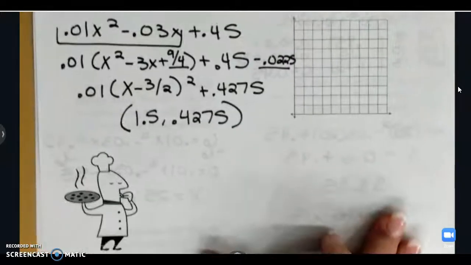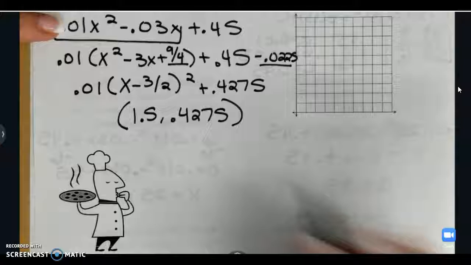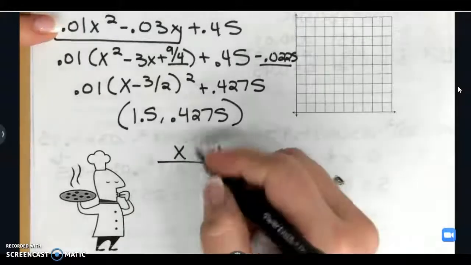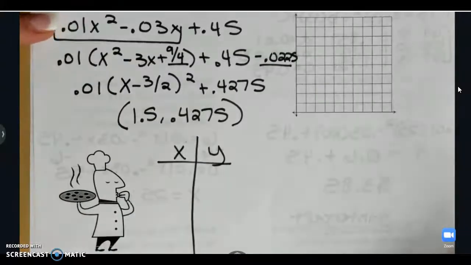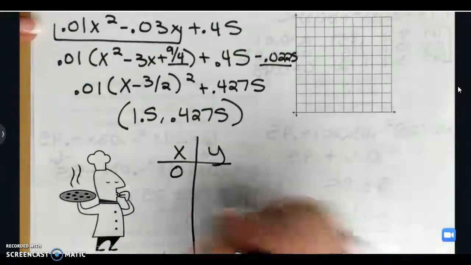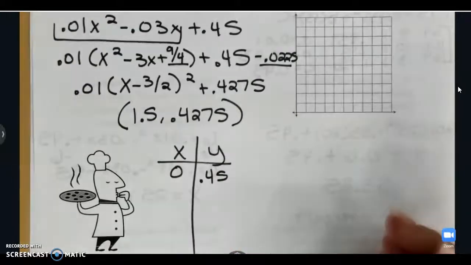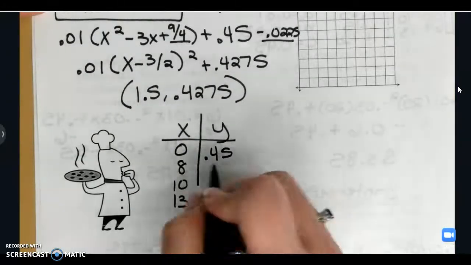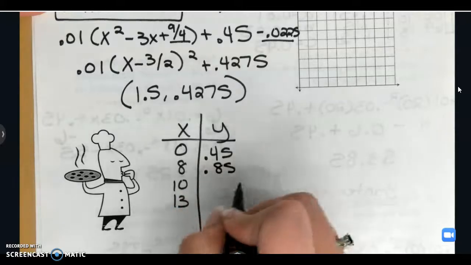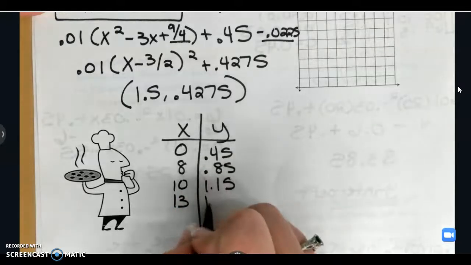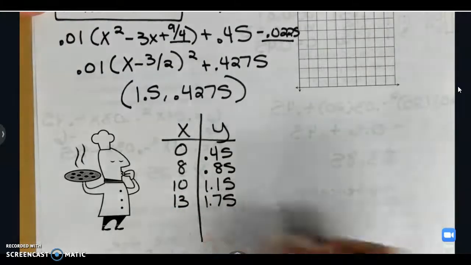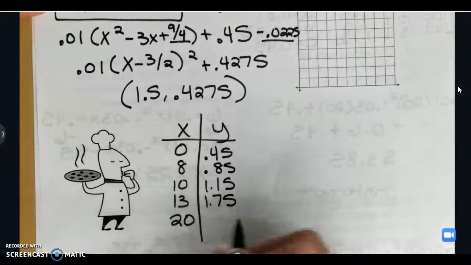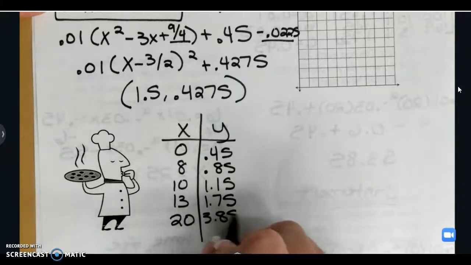So now I want to plot some of these values so I can plot my vertex, and I'm going to go ahead and make a table with some of my other values that I know. We know that a diameter of 0 gives us still the overhead cost of 45 cents. We had those original 3 diameters for 85 cents, 115, 175, and then we also had that 20-inch pizza that cost $3.85.